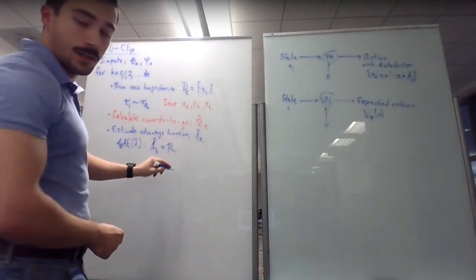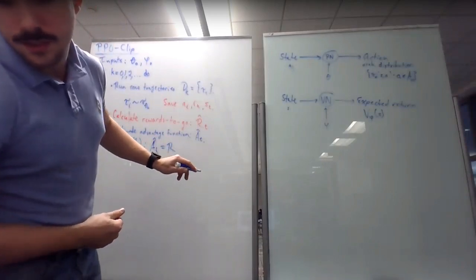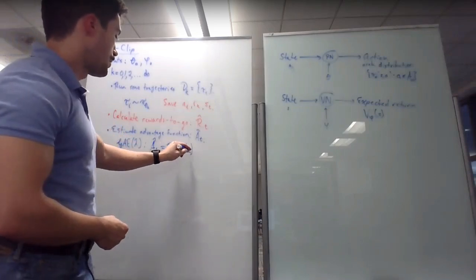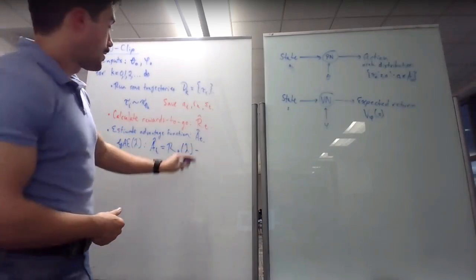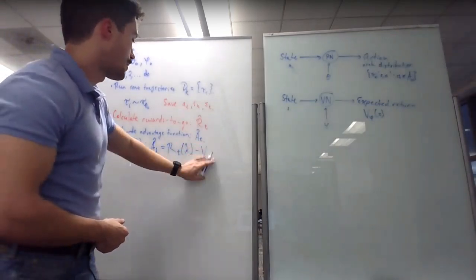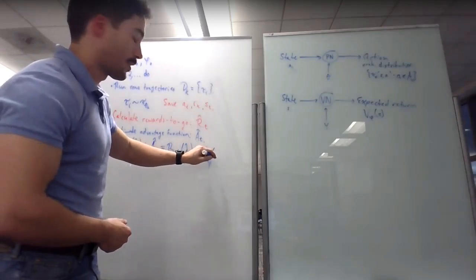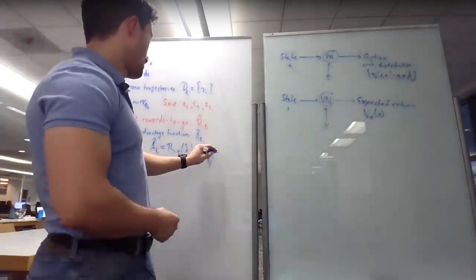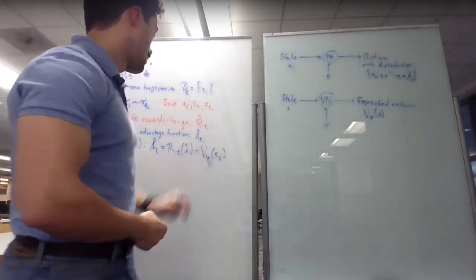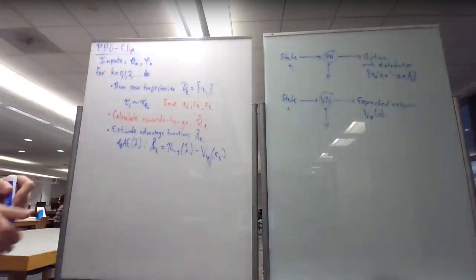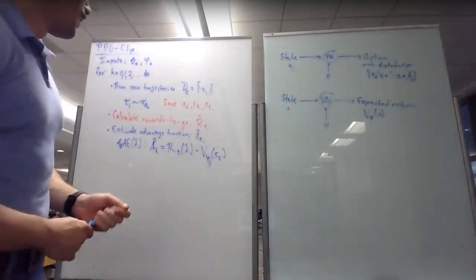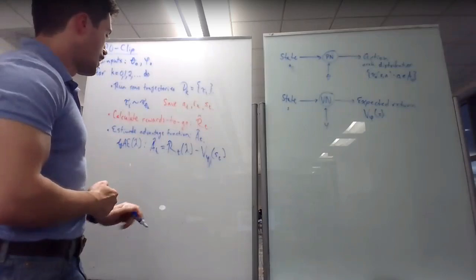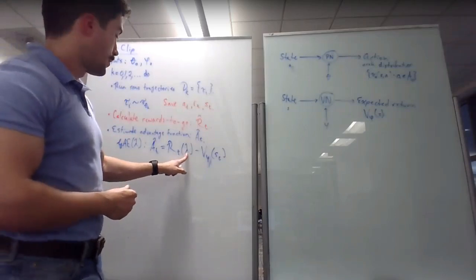It's R sub T lambda minus V sub V of S T. So this R sub T lambda is the same as before, but with discounting.